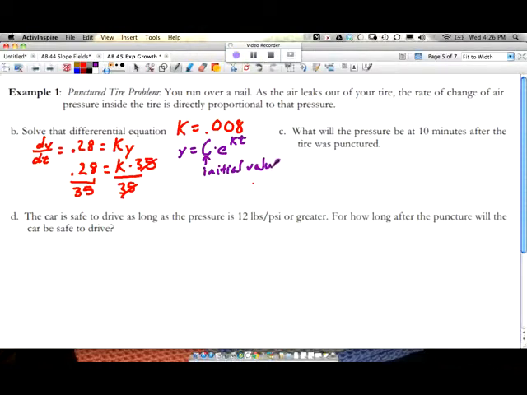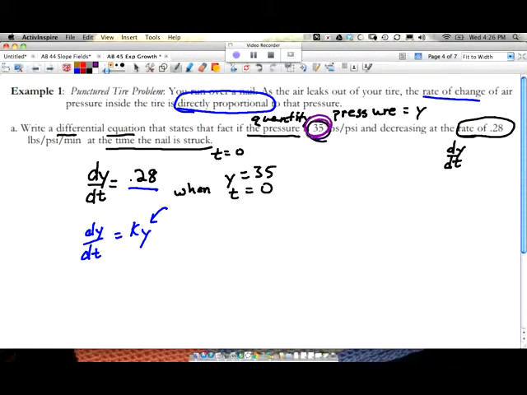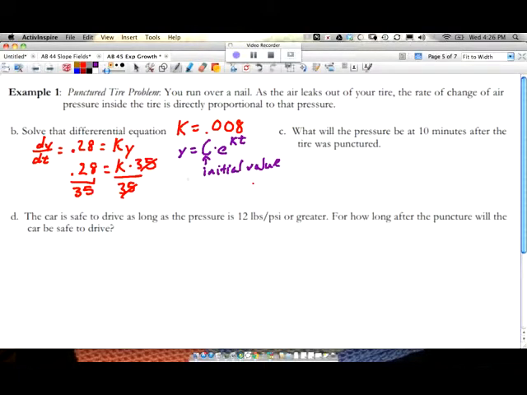Well, in this case, that initial value was what we started with. Let's take a look at that. The initial value was 35. That's what the very first value for the quantity was, 35 pounds per square inch. So C equals 35.